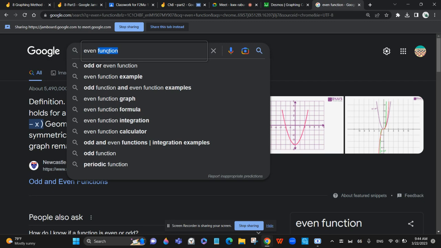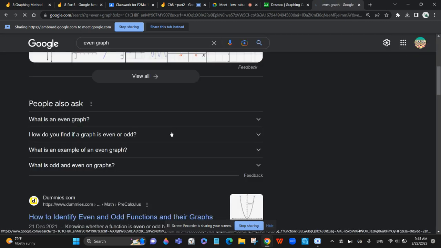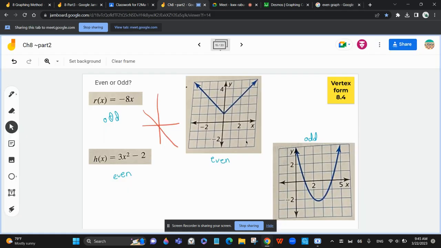So an even graph. And then this one is odd, because odd is when, if you remember, f of x equals negative f of negative x.